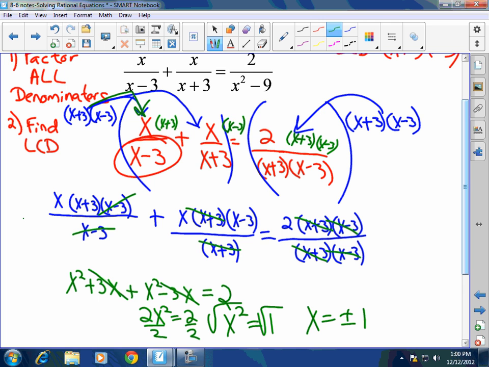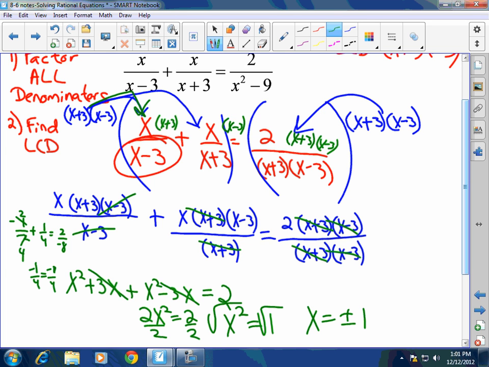I'm going to have 1 over negative 2 plus 1/4. And that's going to be 2 over negative 8. So this goes to 4. That goes to 2. So that's negative 1/4. And that does equal negative 1/4.